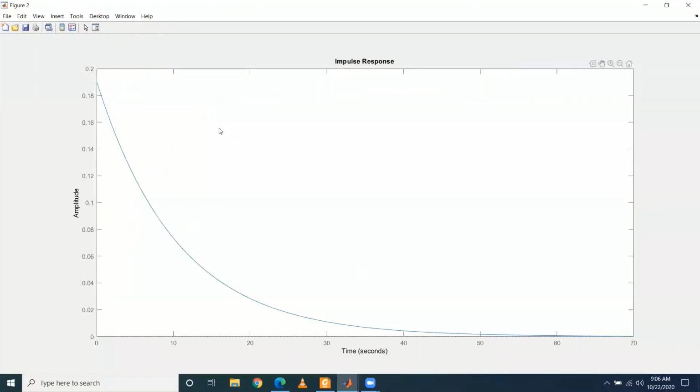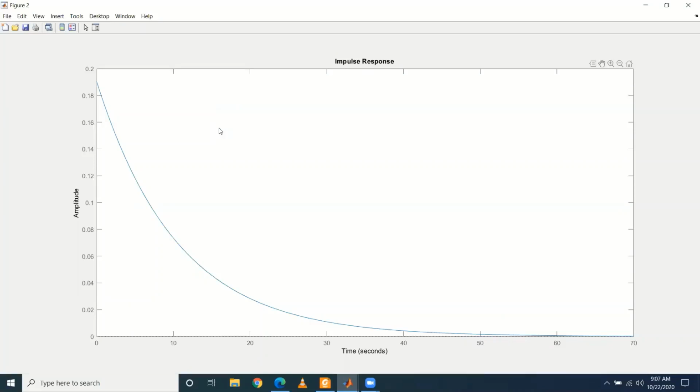What about the impulse response? Sir, it is initially 1 and it drops to 0. The impulse input is initially, sorry, not 1. At time t equals 0, it's a very large signal, right? The impulse input. And after time t equals 0, it becomes 0 directly.